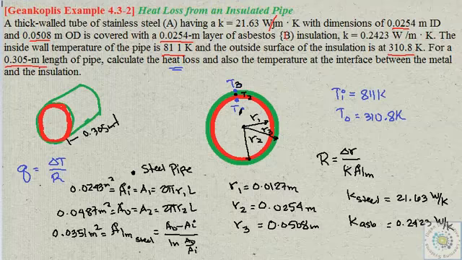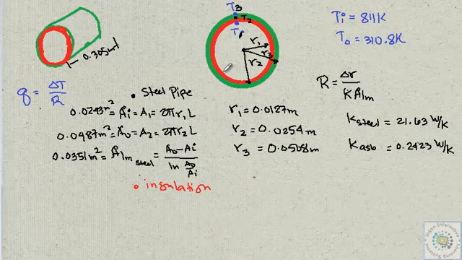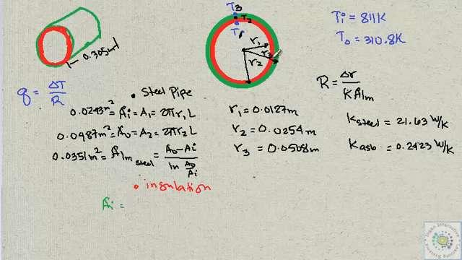Let me drag this down a bit. The inner area for your insulation is actually equal to A2, the outer area of your steel pipe, right? So that's just A2, and we know the value of that: 0.0487 meters squared. How about the outer area of your insulation?